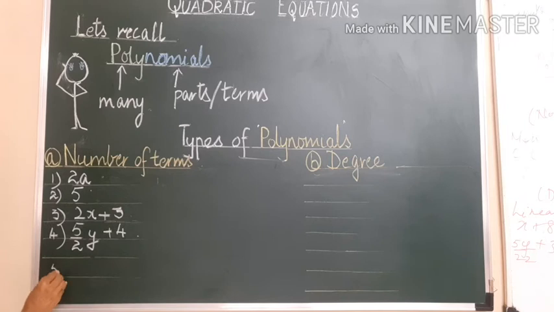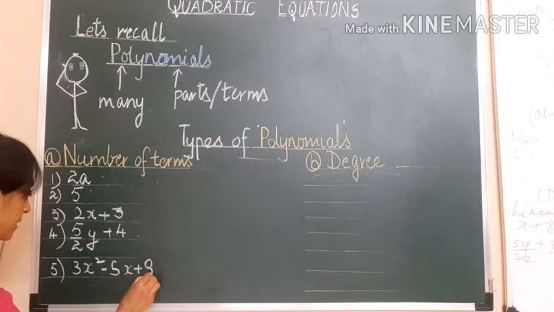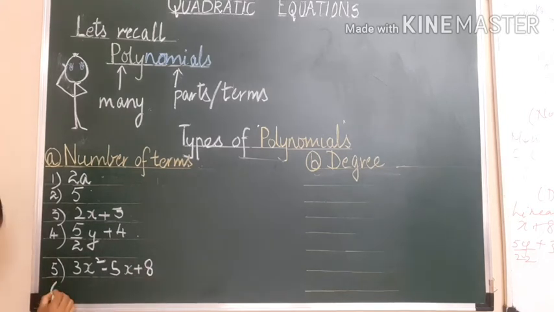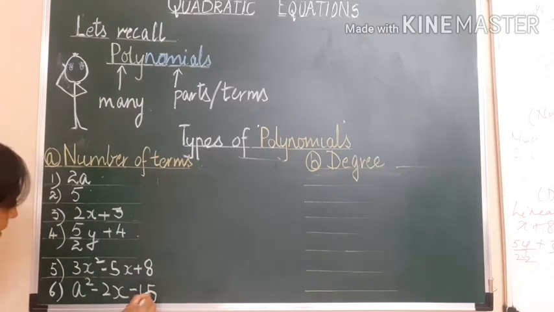The fifth one, 3x squared minus 5x plus 8. And let's take one more, children. a squared minus 2x minus 15.